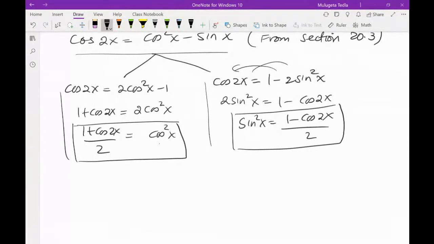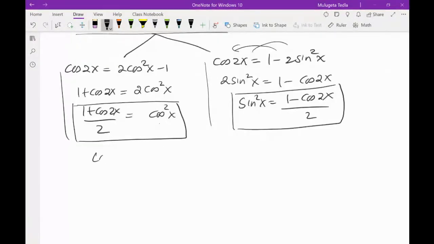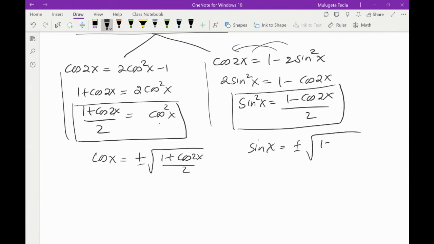Okay, so I think this version is one way. Cos of x then becomes plus or minus the square root of (1 plus cos 2x) over 2. And then sine of x is plus or minus the square root of (1 minus cos 2x) over 2. But I prefer those with the squares. See the relationship: the square function has x as an angle.